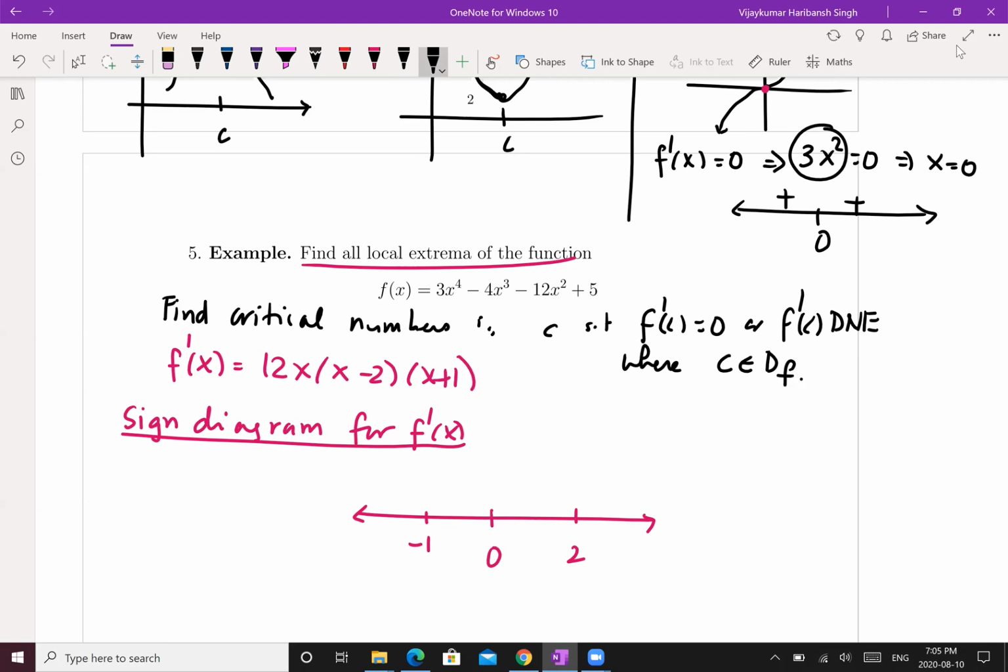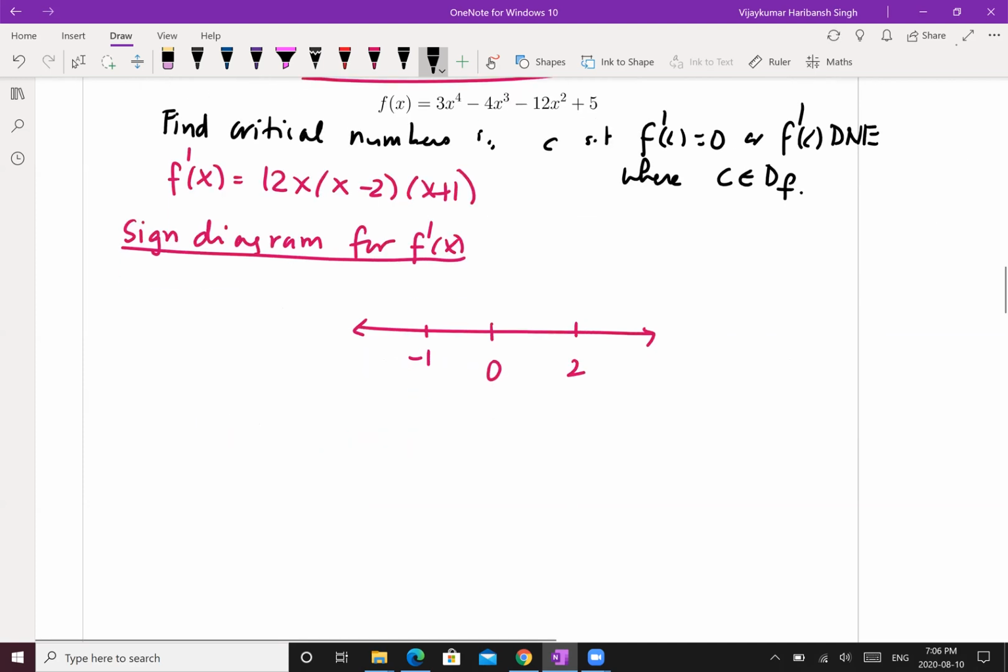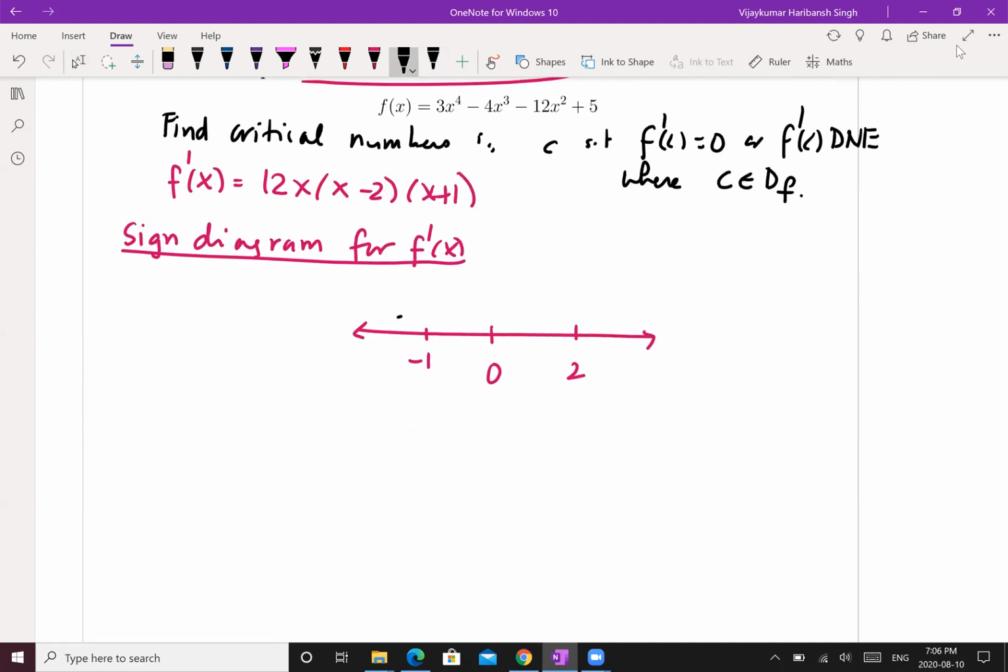Note that critical numbers are the only numbers which can be local maximum or local minimum. The critical numbers come from the domain of the function, and at those points the derivative is either 0 or does not exist. So we have negative here, as we saw earlier, positive, negative, positive.